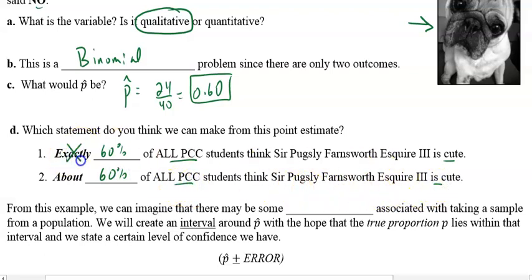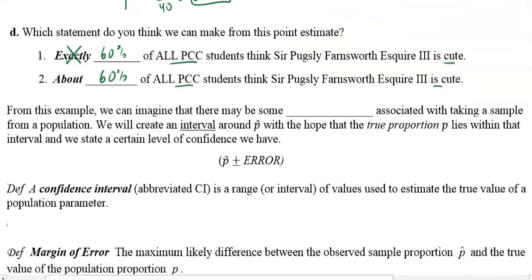Well, we can't be exactly sure, but around 60%, because we only asked 40. From this sample of 40, we can imagine that there may be some error, right, associated with taking a sample from a population.